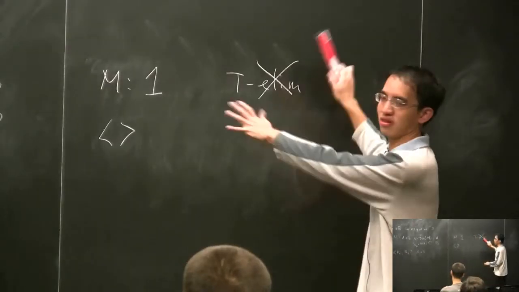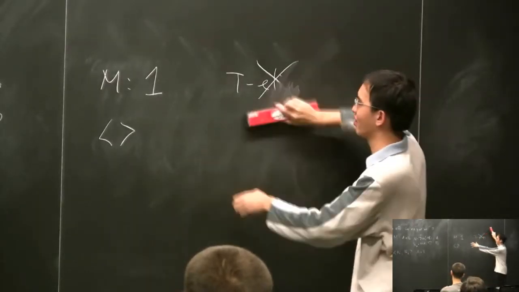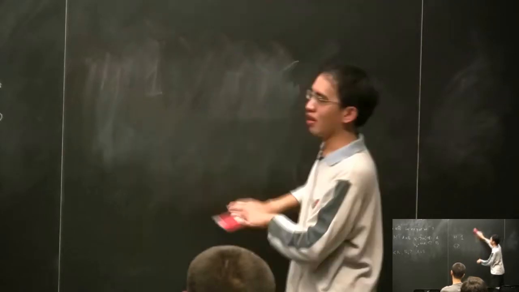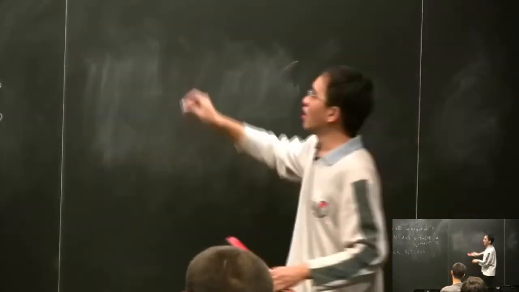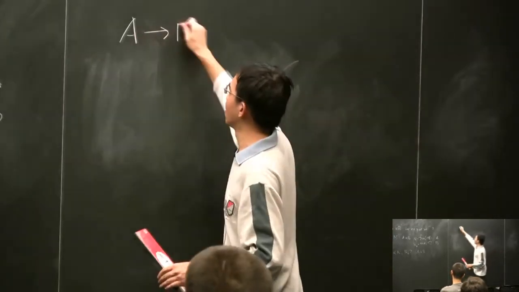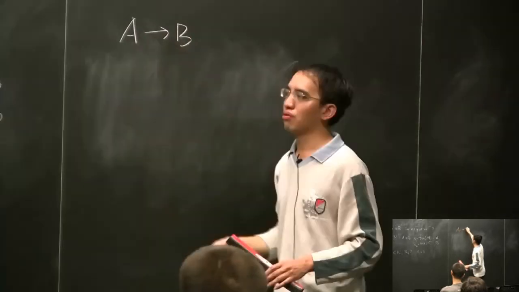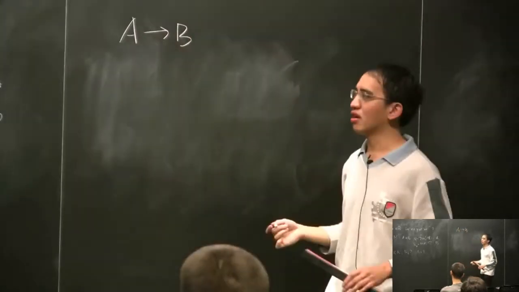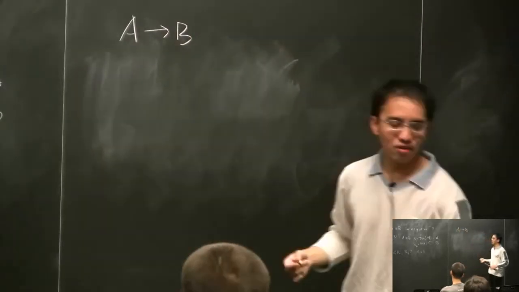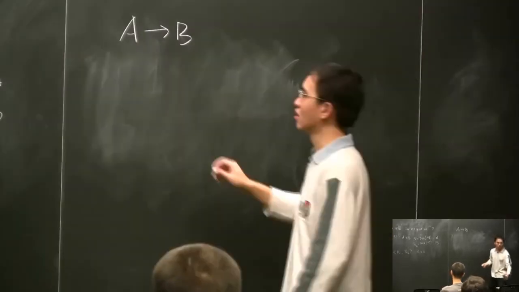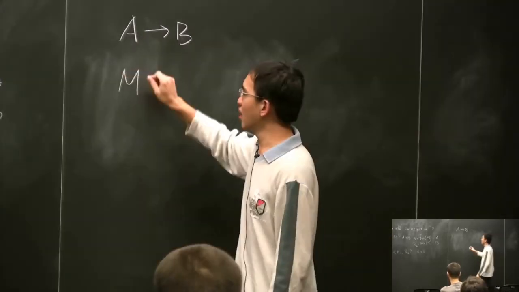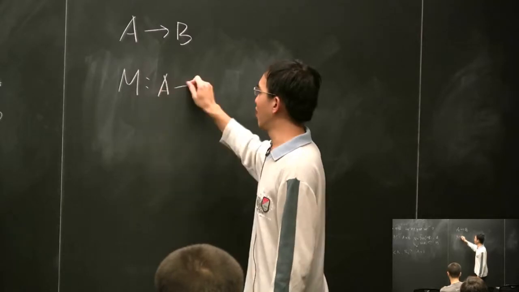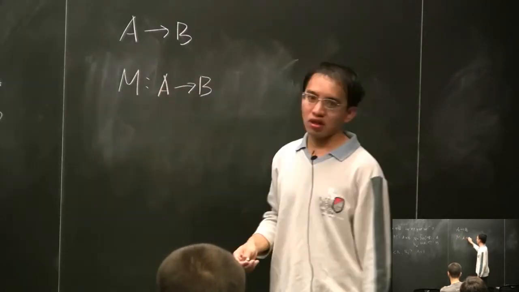Okay, so let me erase this part because this is kind of boring. Another one is A to B, and the usual formulation is always negative. You can also make it positive, but I don't think we are able to cover that in class. So what does it mean that you have a function?